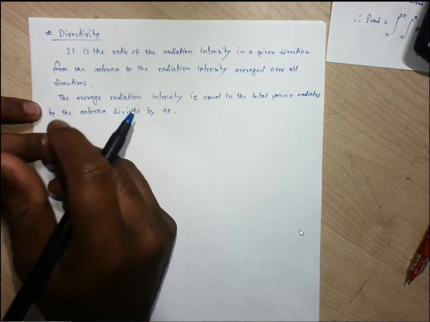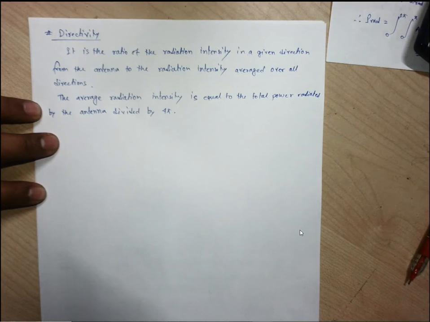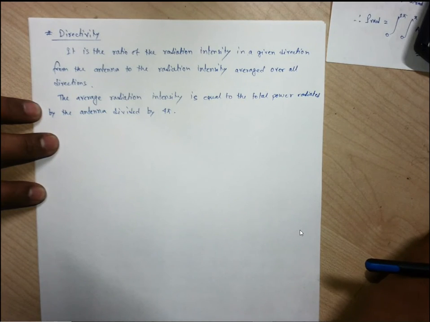The directivity is the directional property, the direction in which our radiation exists. If the antenna under test, which we are considering for measuring the directivity, is a non-isotropic source, that is, it does not have radiation in all directions, then we compare this radiation property with an isotropic source.